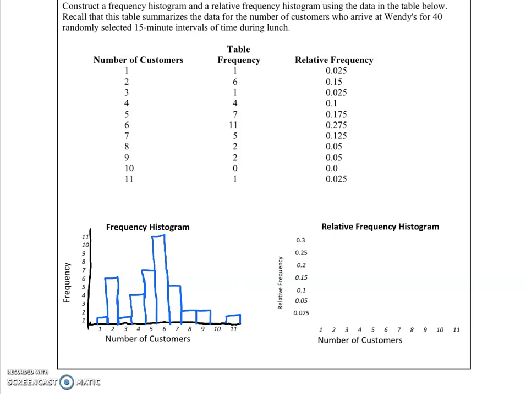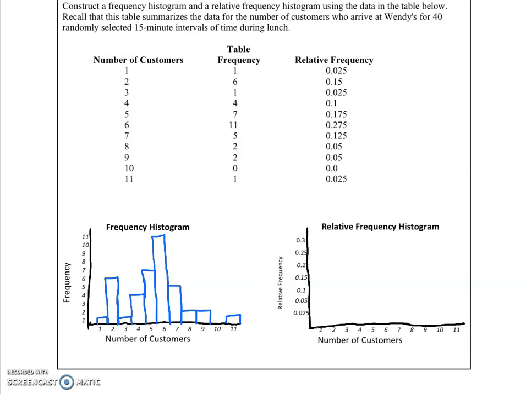Now remember, our relative frequency histogram should look pretty much the same in terms of the relative heights of the bars. It's just we do it by relative frequency instead of the frequency.